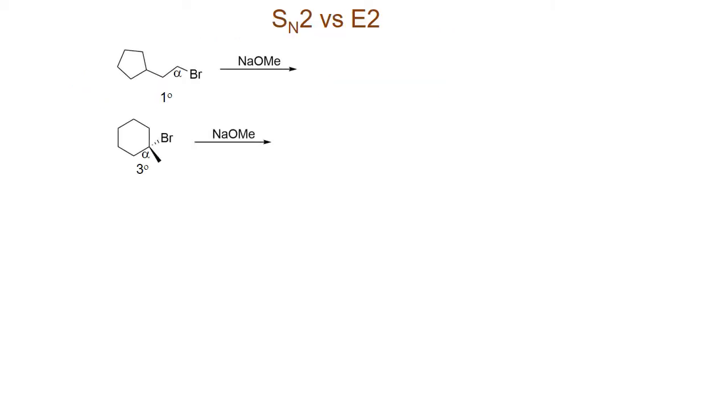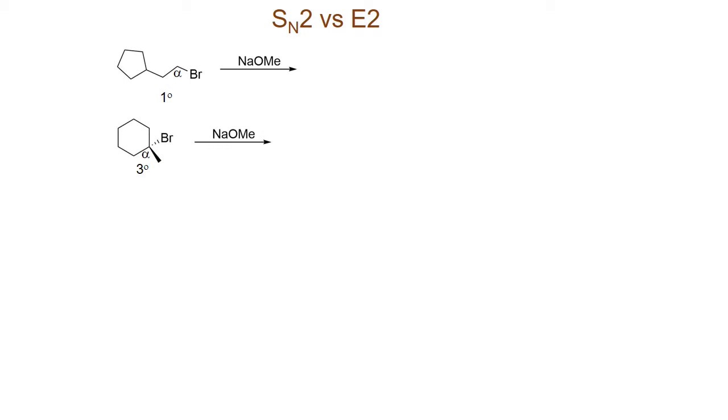When we look at these two reactions, what we notice is that the reagent is identical in both cases, which is sodium methoxide. Now, sodium methoxide can act as a strong nucleophile as well as a strong base. By comparing the alkyl halides, we notice that the alkyl halide in the first reaction is of the primary kind, whereas the alkyl halide in the second reaction is tertiary in nature.